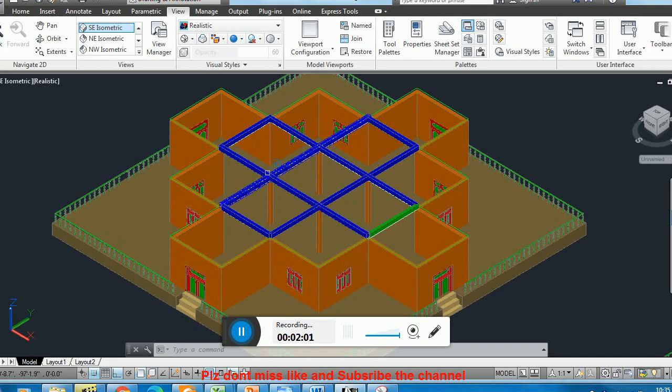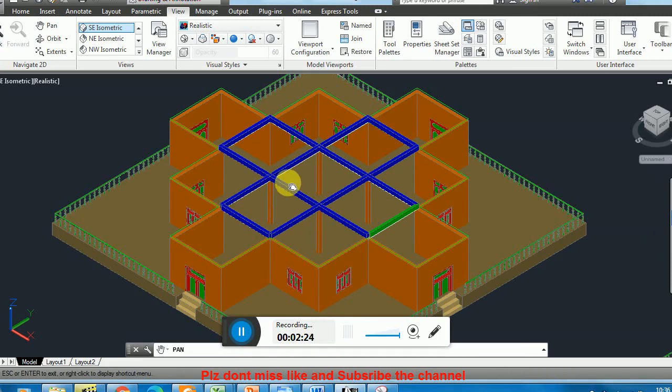Because you see 20 feet and 20 feet, 20 feet and 20 feet. So this is the beauty, you can say. This beam is also 20 feet, this beam is also 20 feet, this beam is also 20, and this beam. Similarly for all other columns. So therefore, I choose the column as C1. Clear?